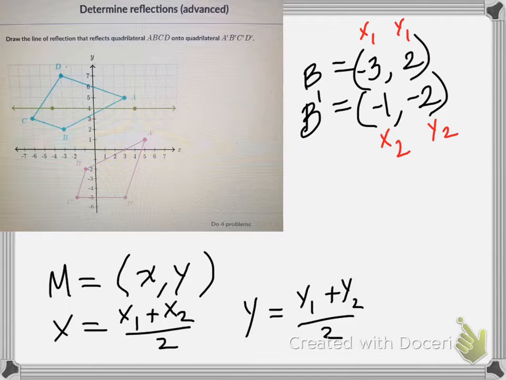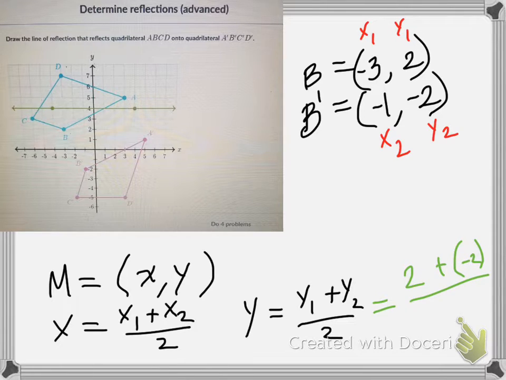I'm going to use green. Let's start with y1. y1 is 2. y2 is negative 2, so I'll put parentheses negative 2.